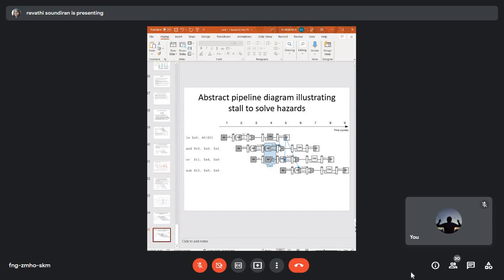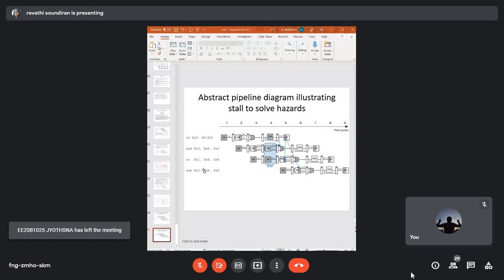So we stall the dependent instructions in the decode stage itself. We stop the operation immediately in the decode stage, that is during the third clock cycle, and stall there, and the fourth cycle is also stalled.